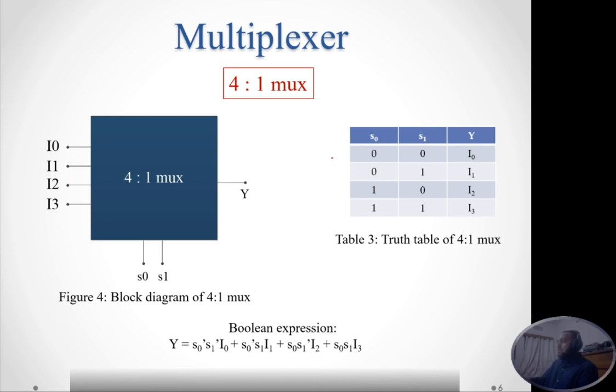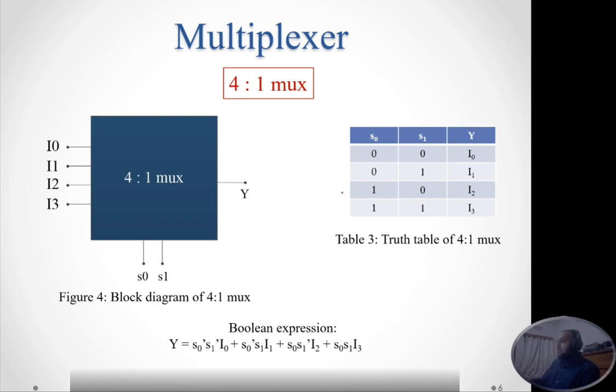So when we are giving S0 and S1 as zeros, then this expression will become y equals to 1 into I0 plus 0 into I1 plus 0 into I2 plus 0 into I3. So I0.